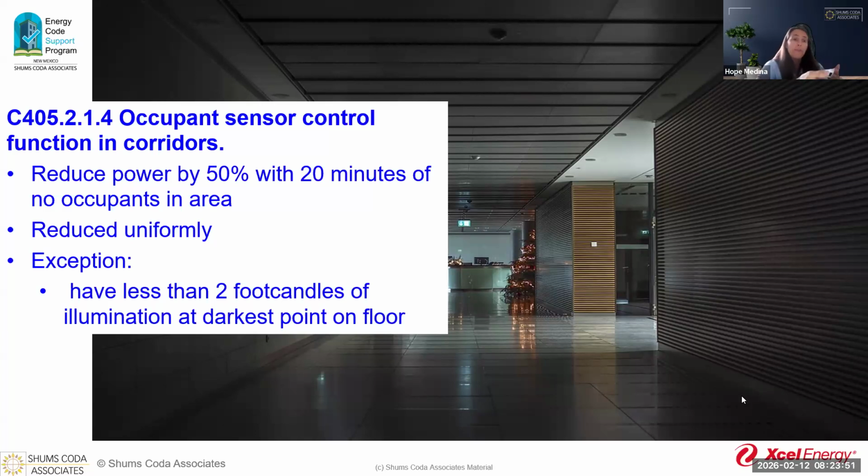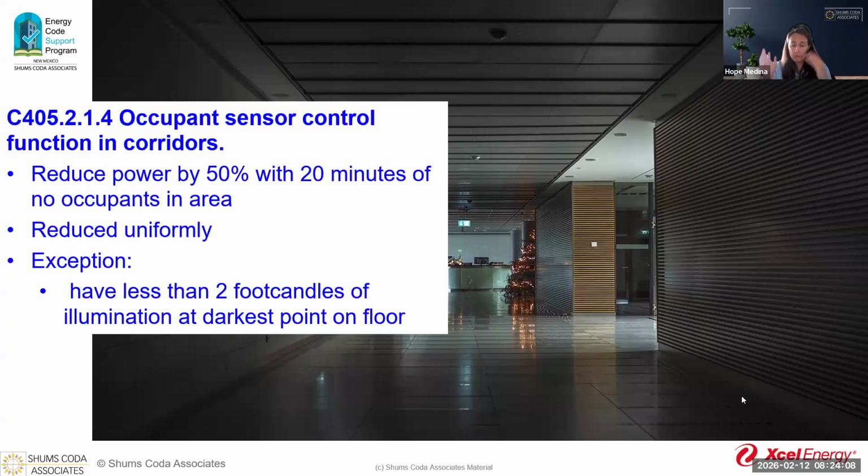So as you can see on the screen, it's only reducing it down to 50%. They are not saying that it must be completely shut off, as it does say with the occupancy sensors for some of the other locations. This one is just by 50%.